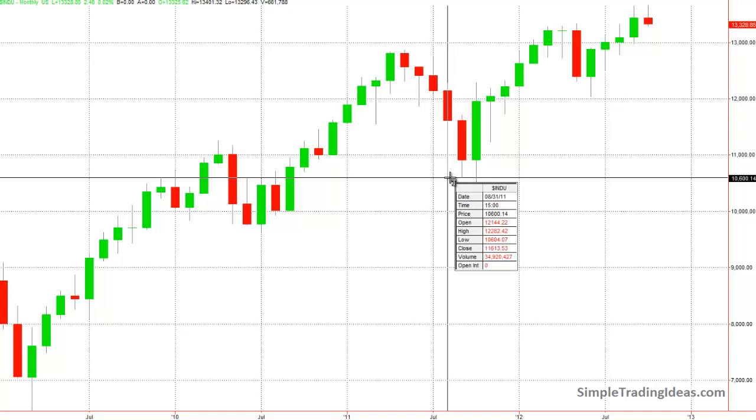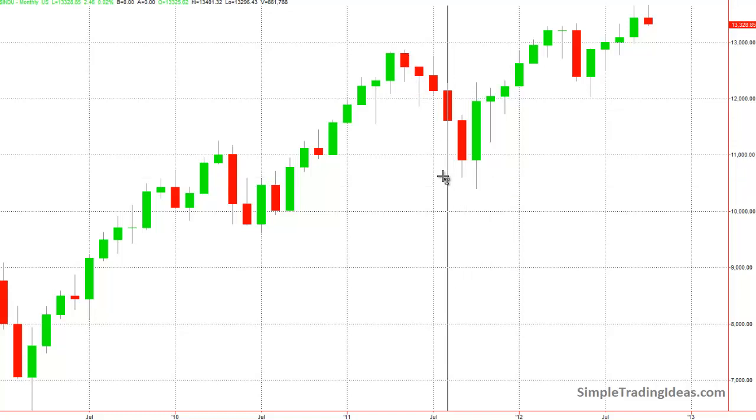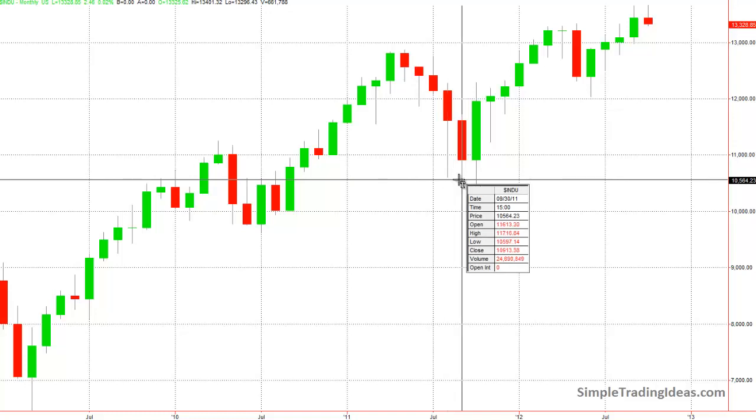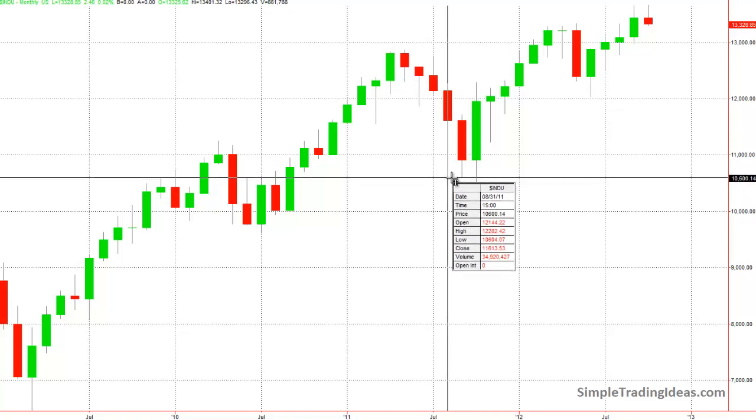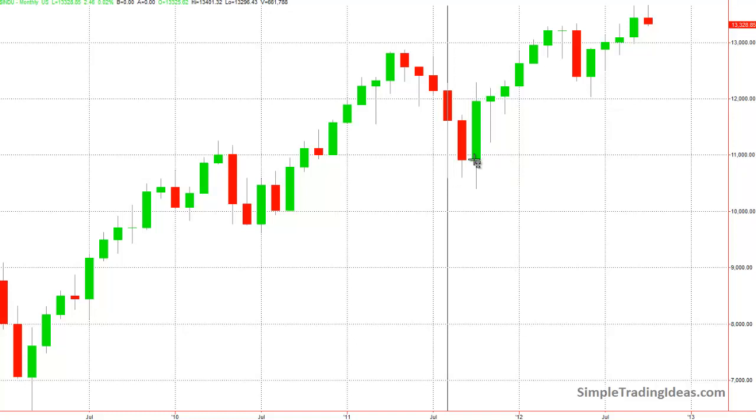If the trader is short, they might want to lighten their load as far as the number of shares or contracts they have, in anticipation of perhaps additional sideways movement or a reversal of trend, as we've seen here, and the upward movement here.